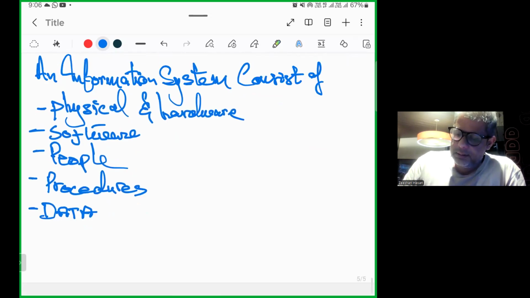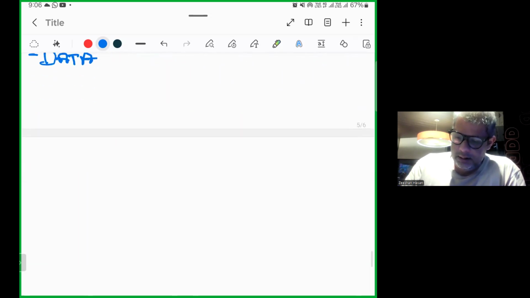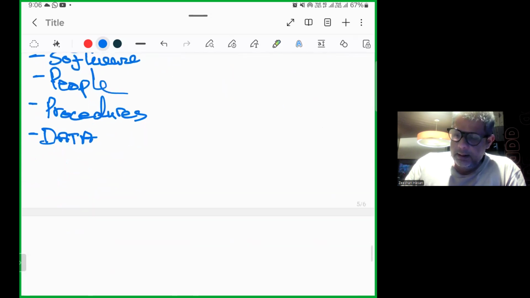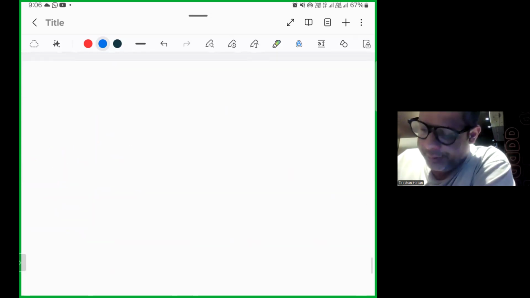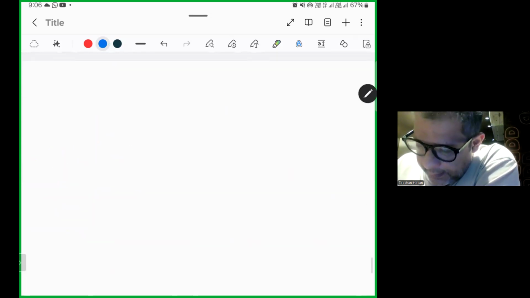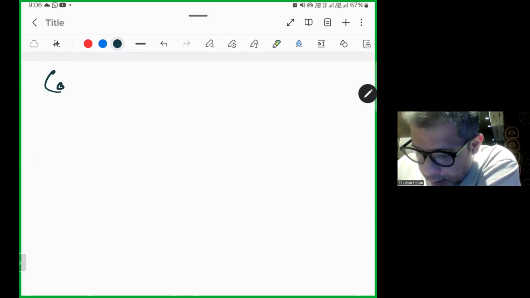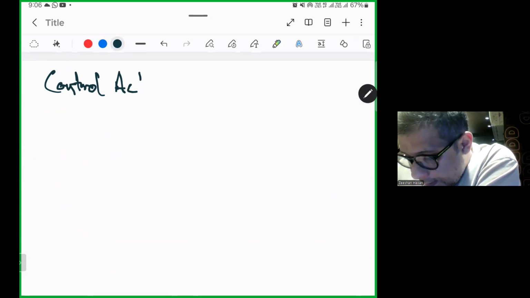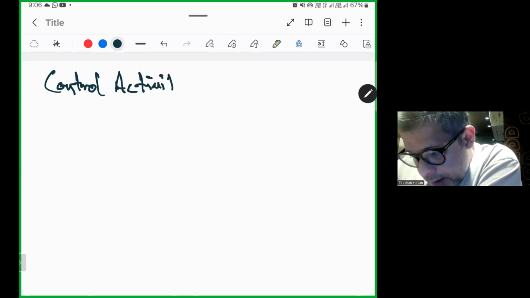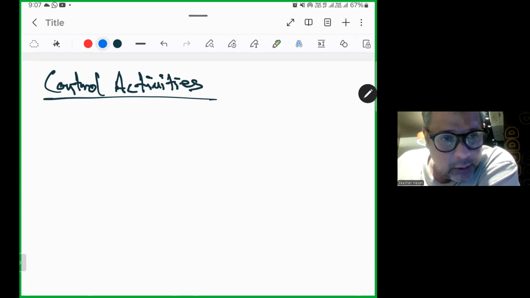Then we have control activities. So the control policy, what does control mean?